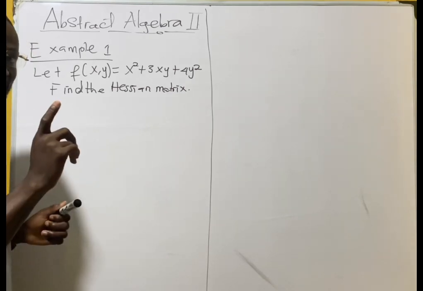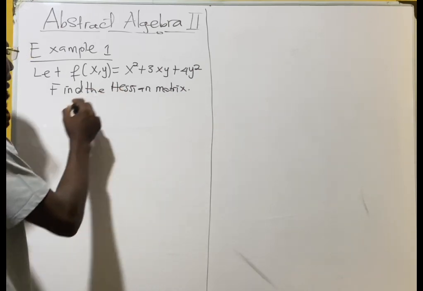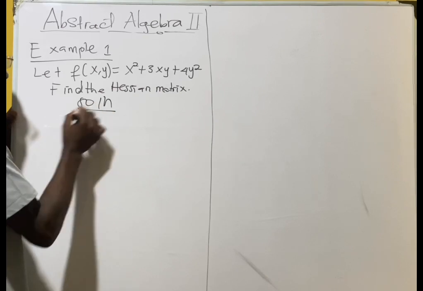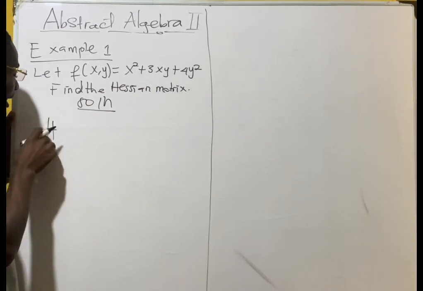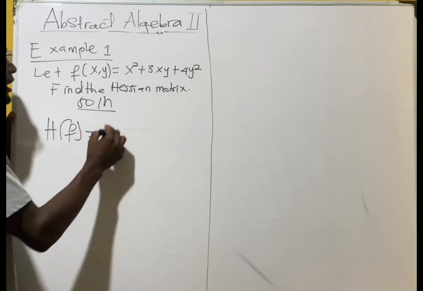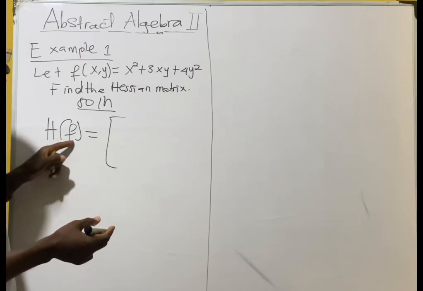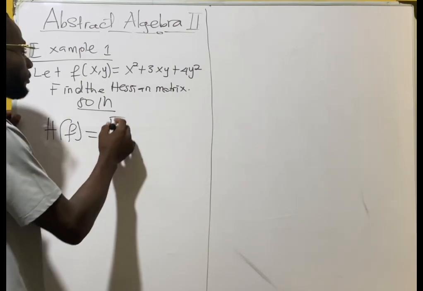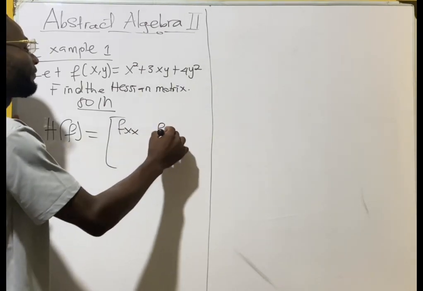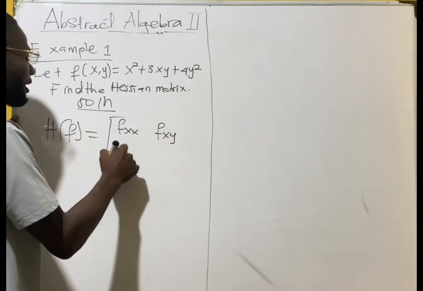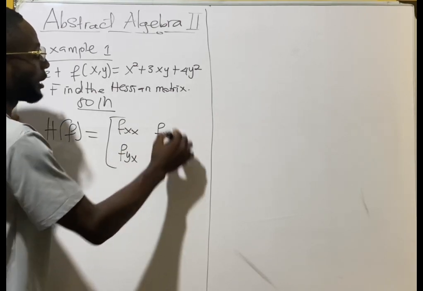Basically, I need to introduce this in the overview. The Hessian matrix, we normally denote this as H of the function, is a 2 by 2 matrix with fxx, fxy, fyx, fyy.